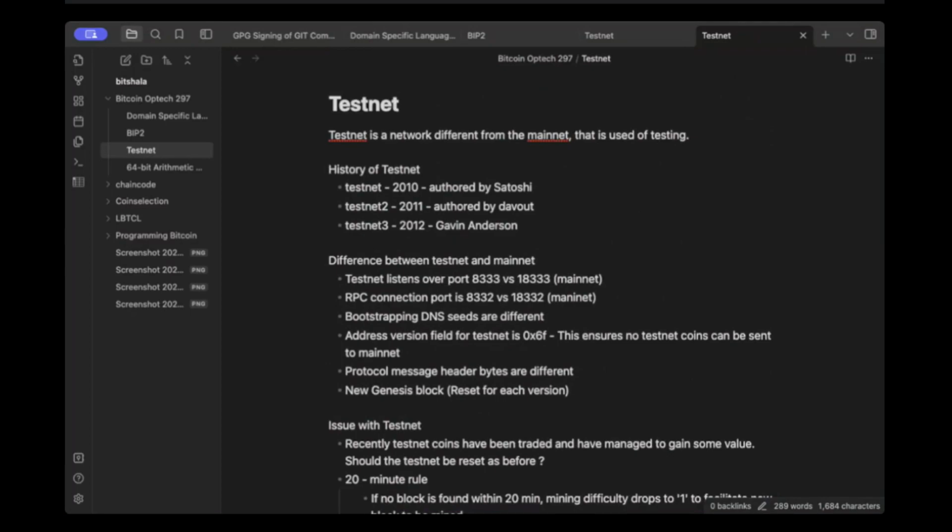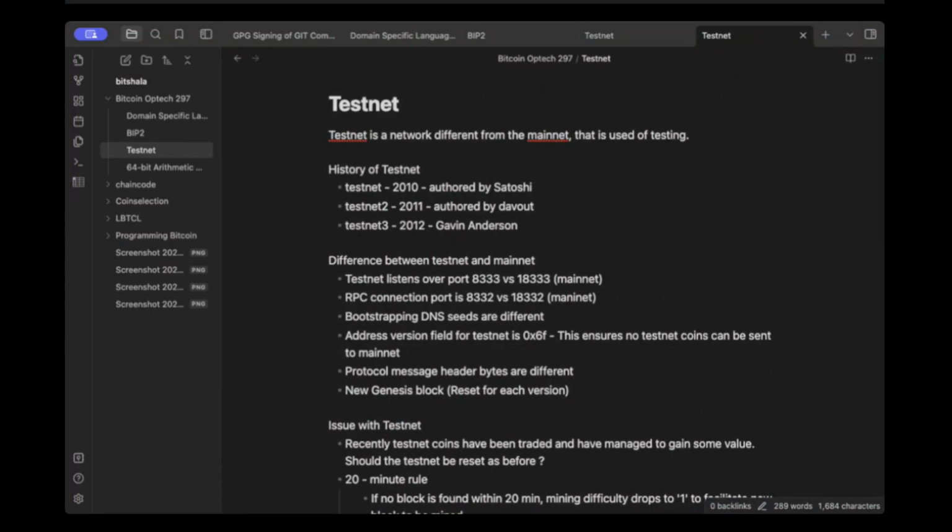People are trying to move on to Signet because testnet relies on mining, and you cannot have centralized control of blocks. In Signet, if an organization developing on Bitcoin can create a signet, you can have two or three admins who control block generation, and developers can develop on that. So devs want to move on to Signet, but there are use cases for testnet because it is distributed and there is no central control.